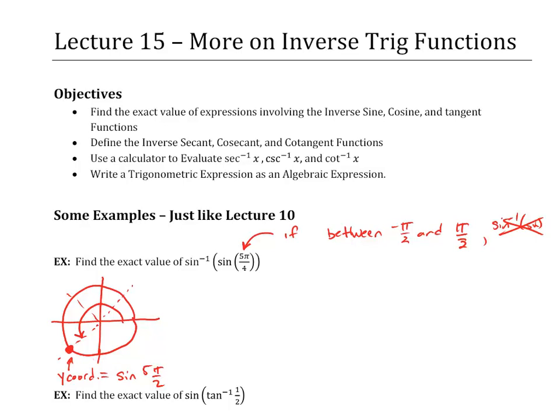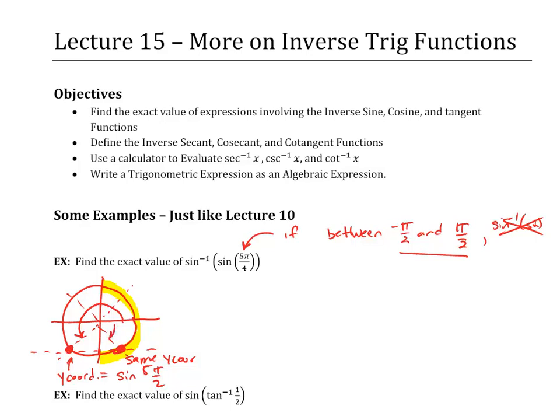Remember, with inverse sine functions, their outputs are always in the right half plane. So if I go straight across to the point on the other side that has the same y coordinate, what's that angle going to be? Now, it would be 7 pi over 4, but remember, we're looking for between negative pi over 2 and positive pi over 2.